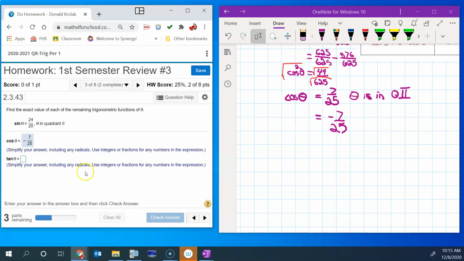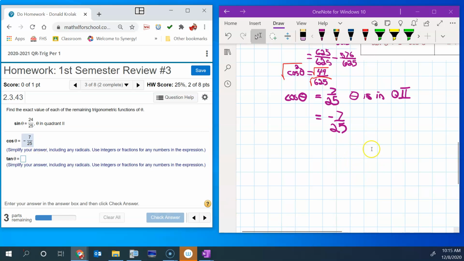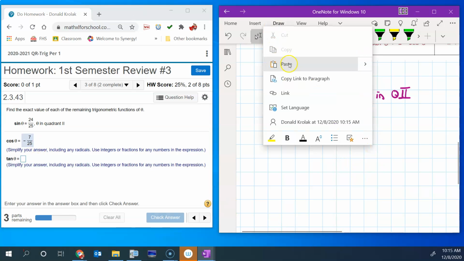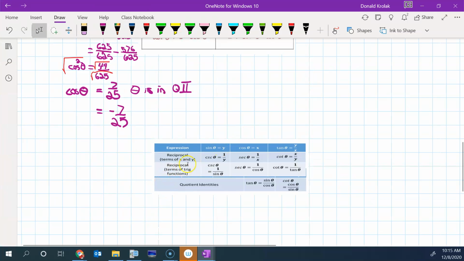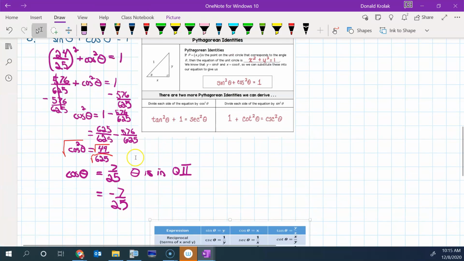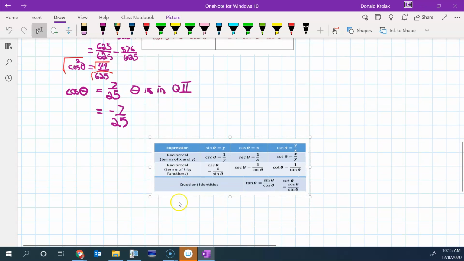All right, now we're going to use the fact that tangent is the same as sine over cosine to get this solution. So we're going to take our sine and our cosine and use it to get tangent right there.